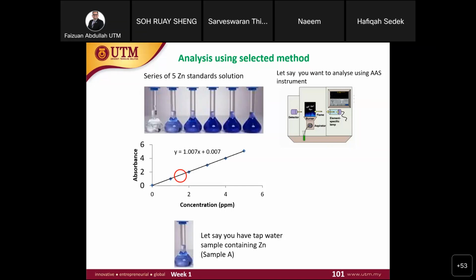Can we believe that amount from the instrument? Can we use that? Can we report that? Someone, please. Come on, someone.